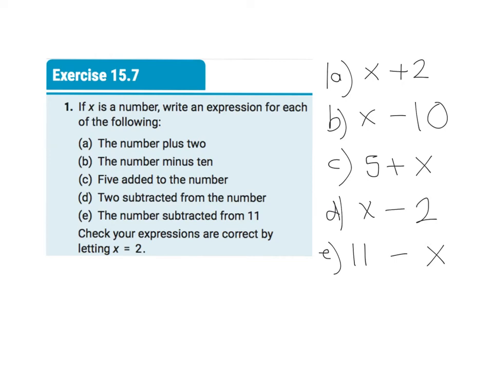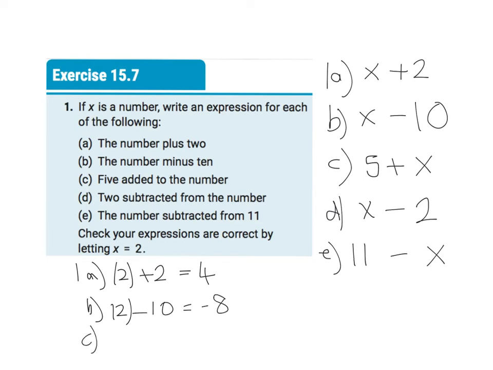So for the first one, 1A, we're going to substitute 2 in for x. We get 4. For B, we're substituting 2 in for x. We'll get minus 8.